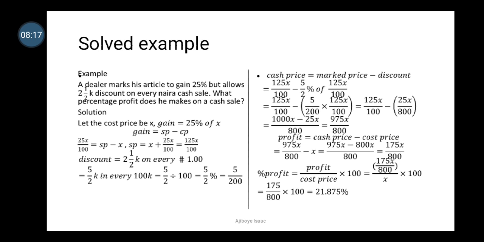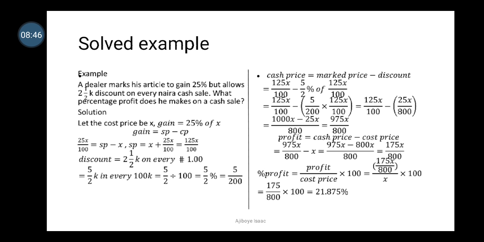I've already said our cash price is 975x over 800. So we remove it from the cost price, which is equivalent to X, of course. So we have profit to be equal to 975x over 800 minus X. If you do that simplification of a fraction there, you have your profit to be 175x over 800.